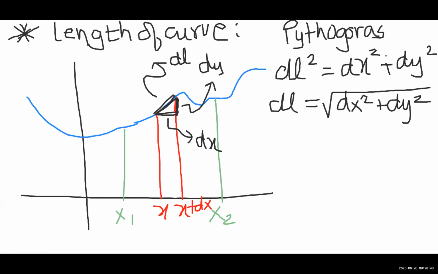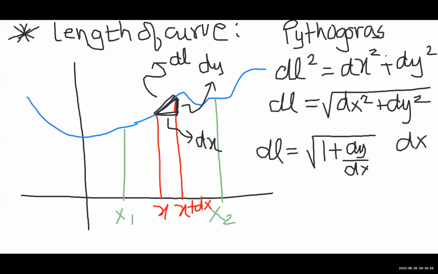And then what I can do is that I can take dx common. If I take dx common, then I'll end up with 1 plus dy by dx, which is the slope, whole square.